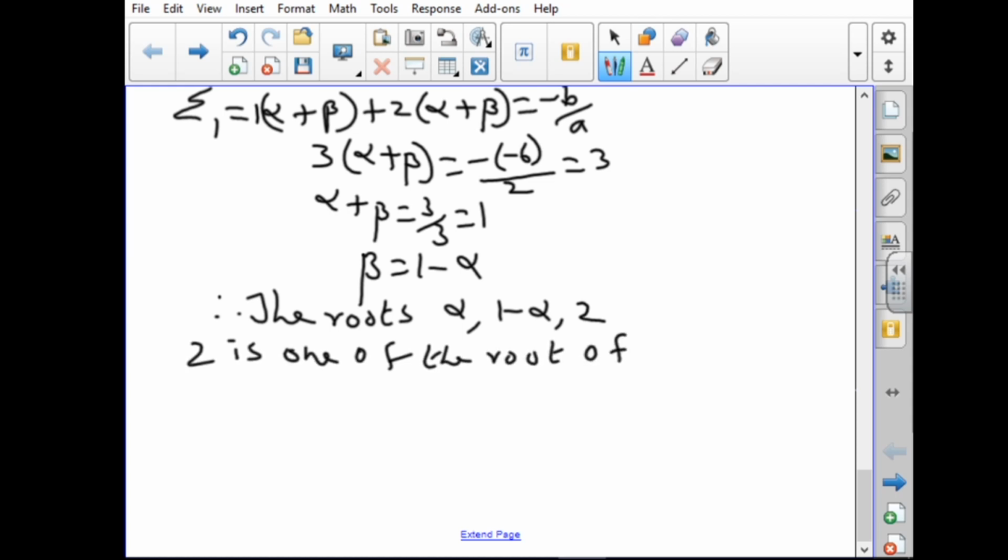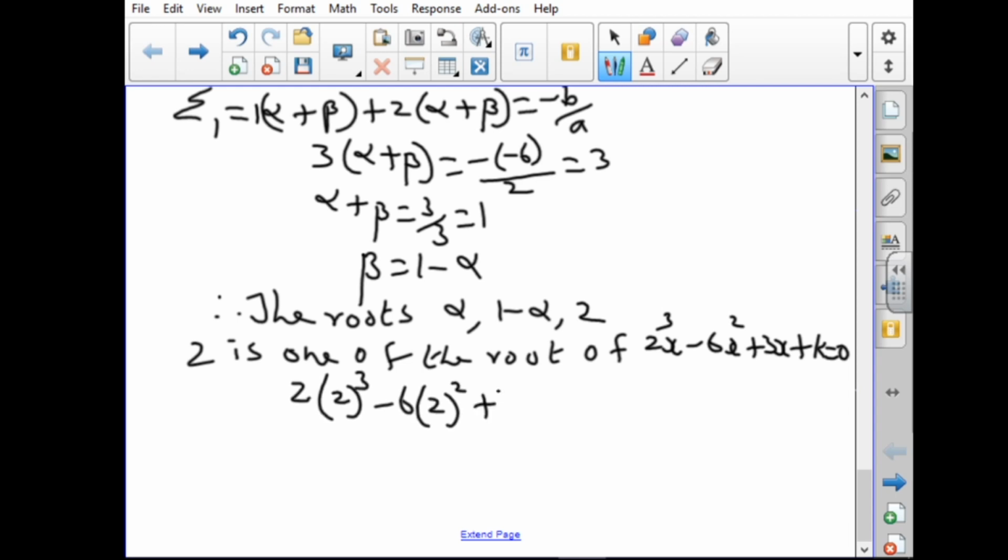What is the given equation? 2x cube minus 6x square plus 3x plus k equal to 0. Since one of the roots is 2, you can give the value for x as 2. So 2 into 2 cube minus 6 into 2 square plus 3 into 2 plus k is equal to 0.